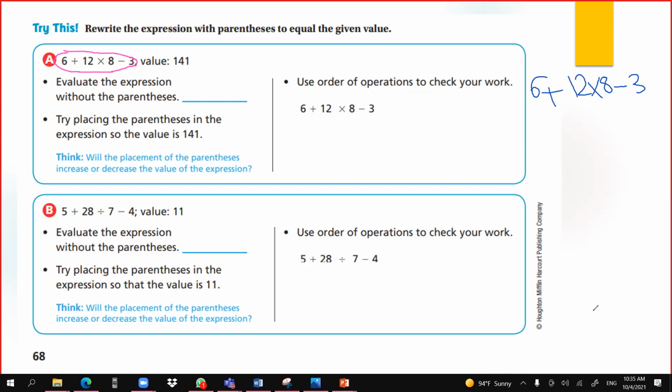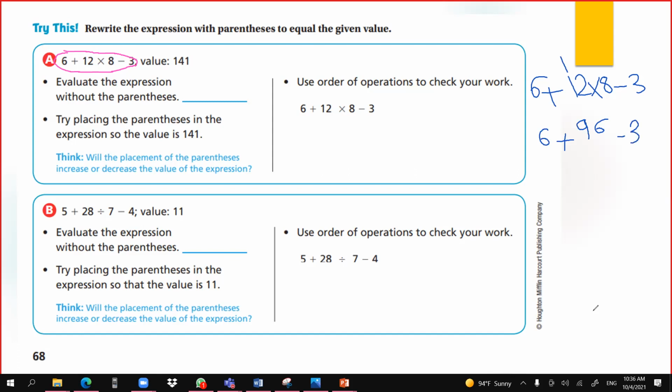8 times 2, 16. 8 times 1, plus 1, 9. So now we solve it as 96 plus 6 minus 3.